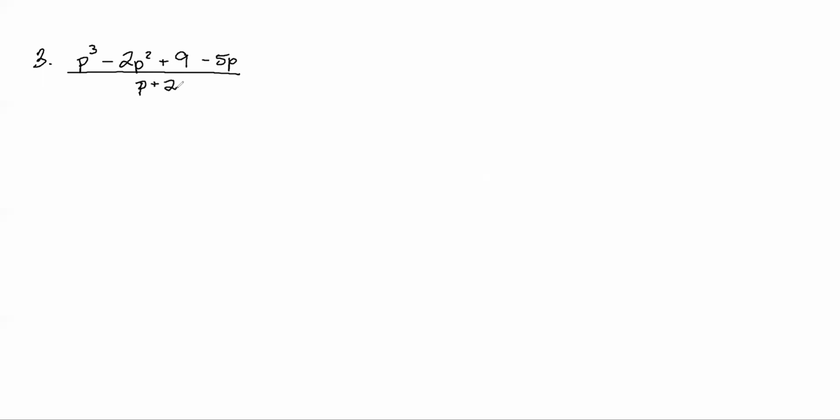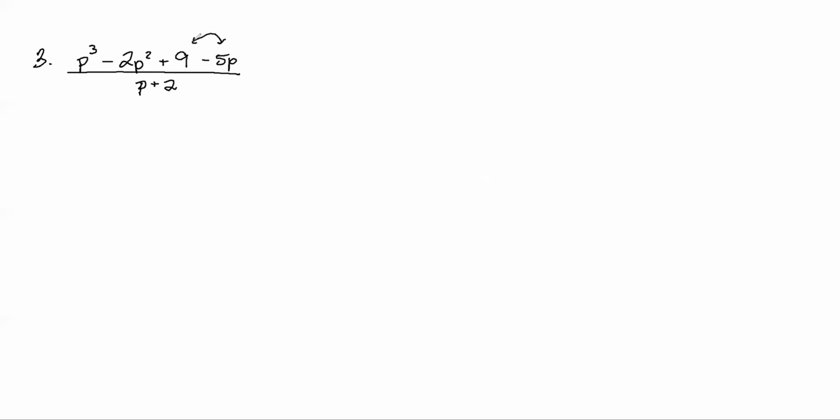So for this one, again, first thing we want to check is it in descending order? So the one on the bottom is good, constants last. The one on the top, we go p cubed, p squared, constant, and then p. So we need to switch these two terms around.